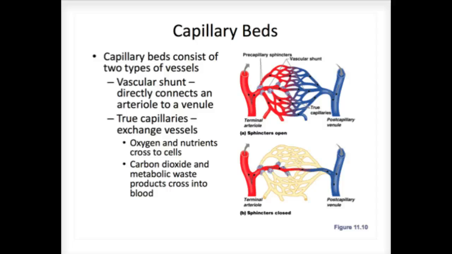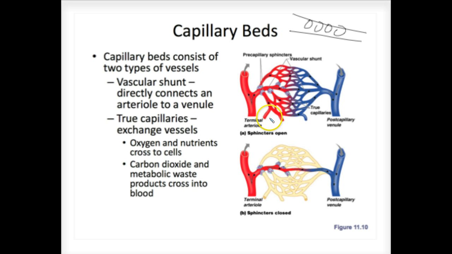How we then get the blood that's in arteries and veins to the cells, which we know are really, really small, is via capillary beds. Capillaries basically force the blood to come in single file. So literally the vessel is just of the size that the red blood cells almost line up single file and come through it.